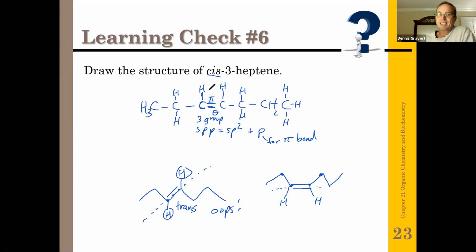But if you have C's, you must have H's. If you want to throw in some H's, you can mix and match, but you don't have to, right? So we could have just drawn it like this. And that's cis-3-heptene also. This one happens to be trans-3-heptene.